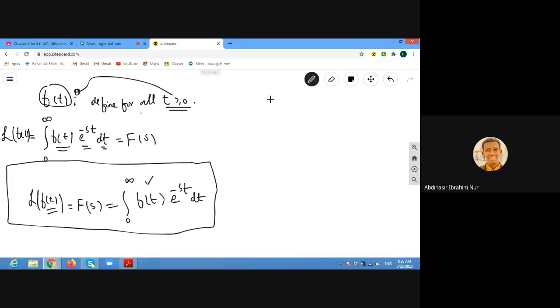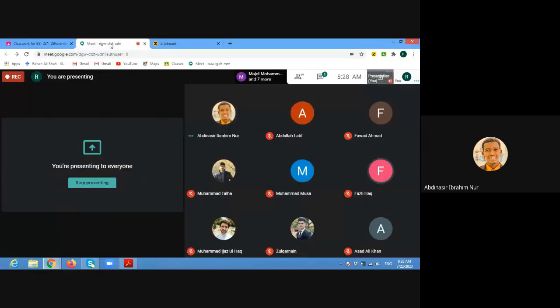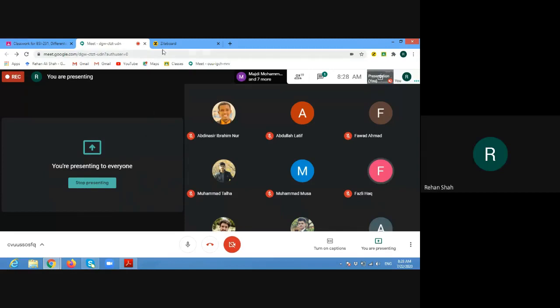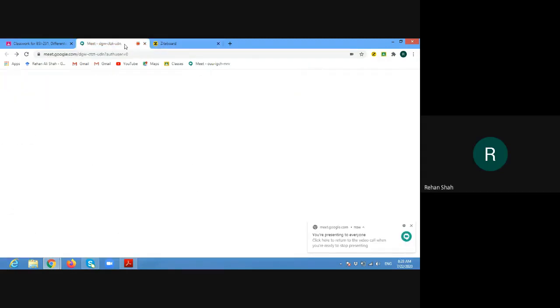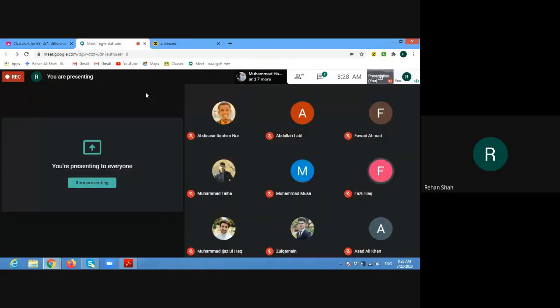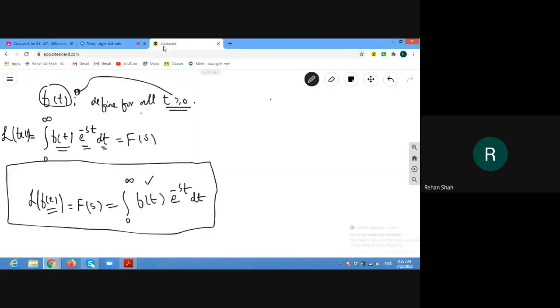Okay. Yes, sir. This formula, the Laplace transform formula. Can you repeat its explanation again? I am not hearing you correctly. So if another student explains this question, I will be able to explain the answer.